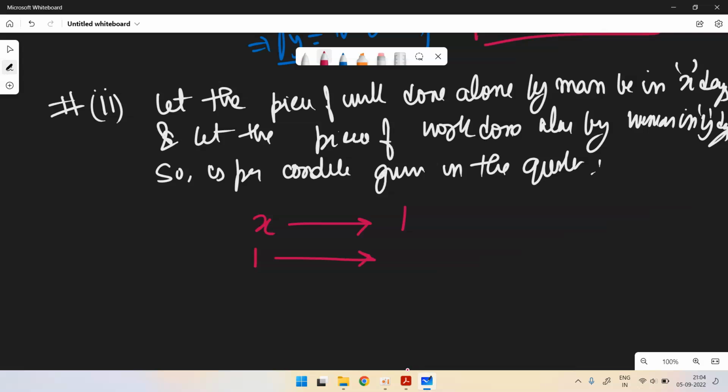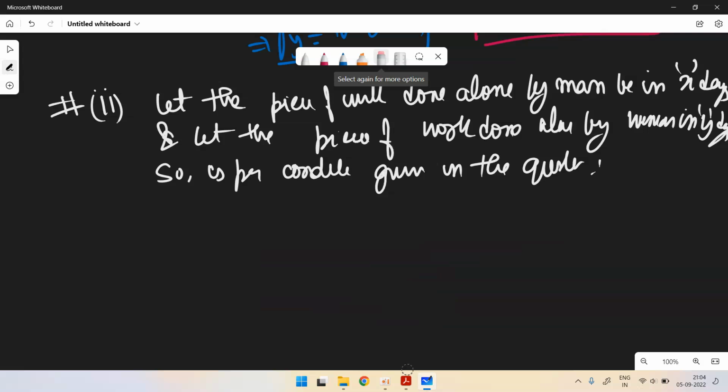In one day, 1 by x of the work will be completed. So if m men are there to complete the work, then m by x of the work gets completed, and this is our base for the calculation.